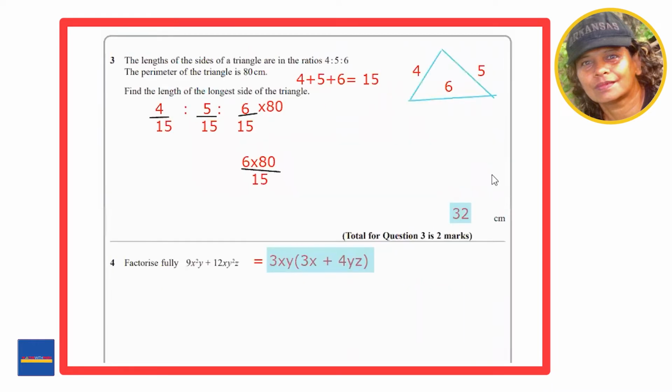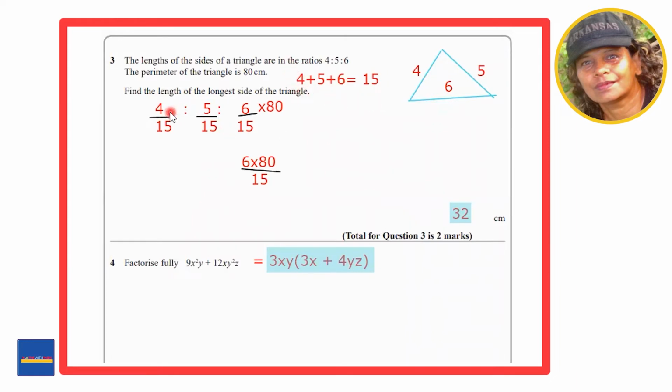Here we have the lengths of the triangle in the ratio 4:5:6. So this is a question on ratios. The perimeter of the triangle is 80. The ratio of the lengths is 4:5:6. So since we are dividing it into 4:5:6, we add 4 plus 5 plus 6 to get 15.